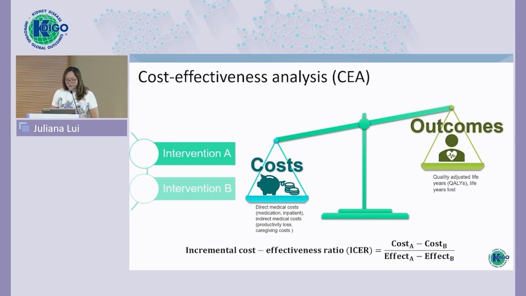The ICER will then be measured against a willingness to pay threshold, which differs by country. For example, in the UK, the willingness to pay threshold accepted by NICE for the reimbursement of a drug would be around £20,000 to £30,000 per quality adjusted life year. For jurisdictions that don't have a willingness to pay threshold, such as Hong Kong, we would use a WHO recommendation, which is a willingness to pay of 3 times our GDP.